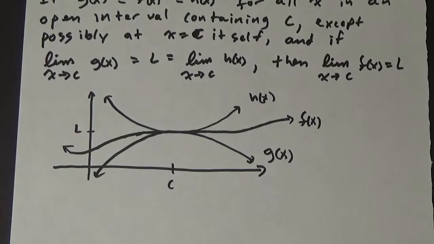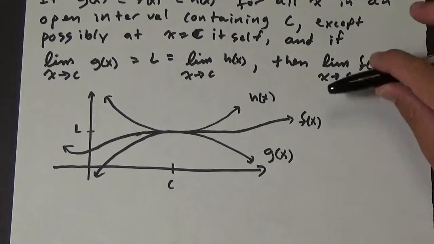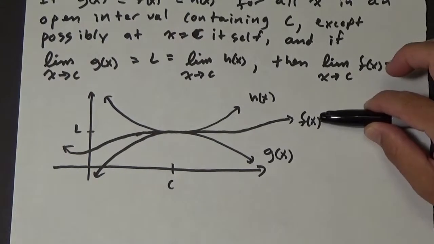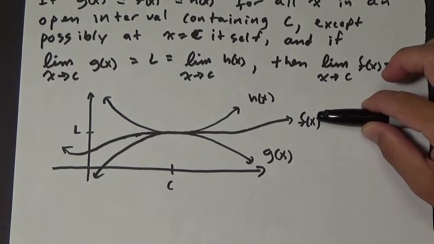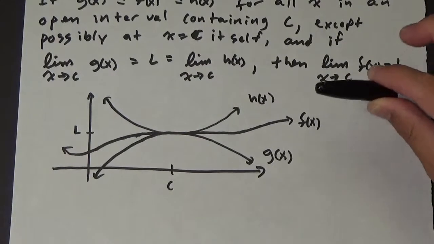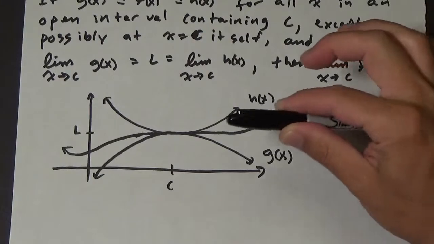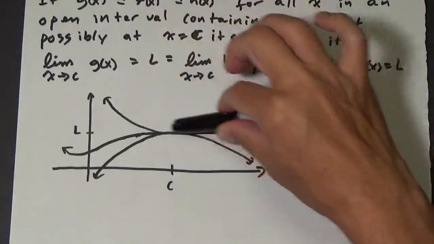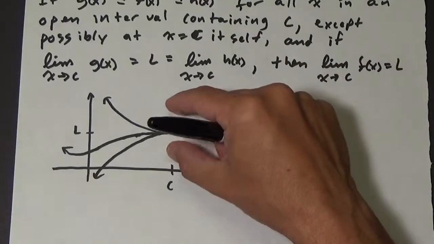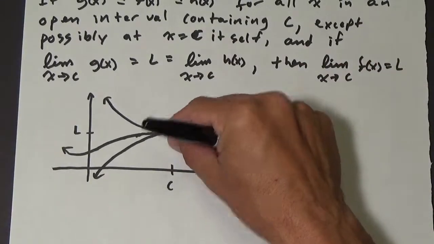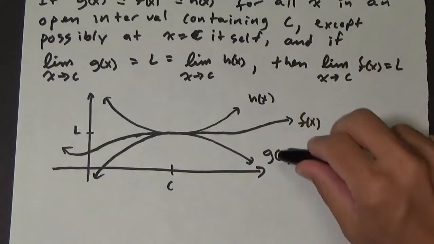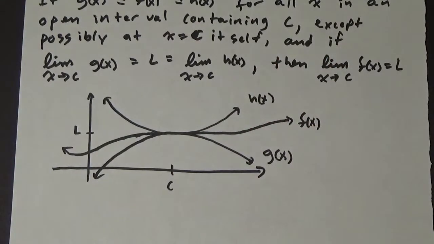We're going to end up with a limit of f of x that we're not going to know what to do with. We're not going to be able to solve it as a limit, and that's going to happen in probably the next video. So to help us find the limit, we just create two functions, h of x and g of x, where we do know the limits, and we know that at that point they squeeze together around f of x, so we are able to use the limits of h of x and g of x to find the limit of f of x.